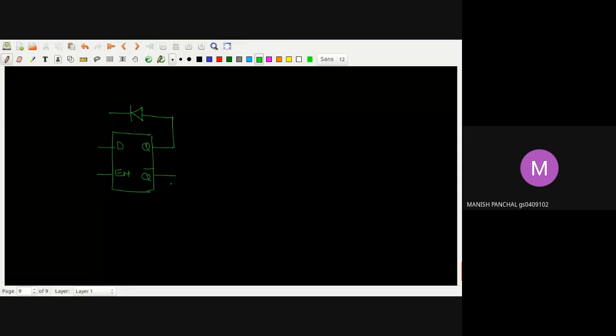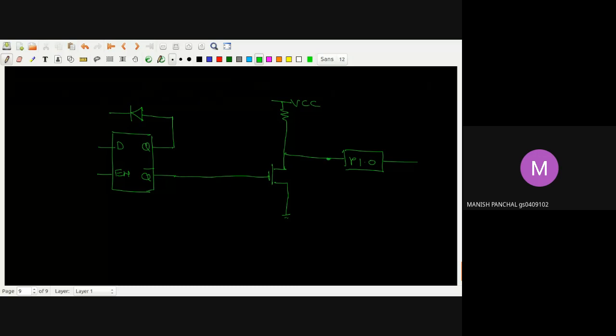Okay, and this Q bar is connected with some MOSFET. Here I had taken one VCC, ground, and this is the P1.0 like this, and here I am getting one feedback line. So this is my one feedback line like this.